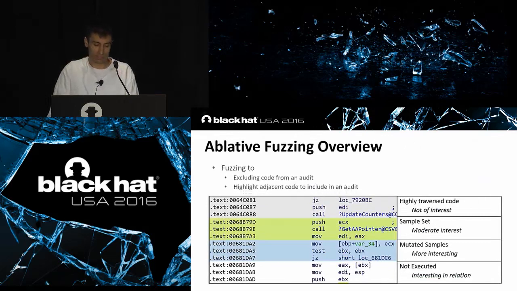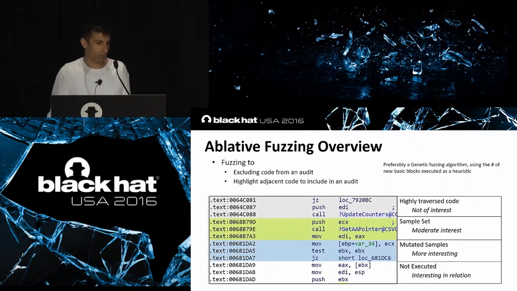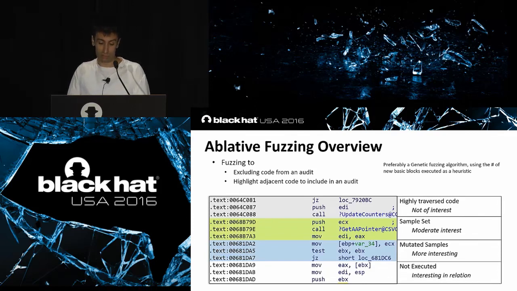So to summarize, it's excluding code to audit. We're fuzzing to find code not to audit, and then we can go and actually look at the code, because I don't think you're ever going to replace people. So you can use things like a genetic algorithm to find cool code to audit.